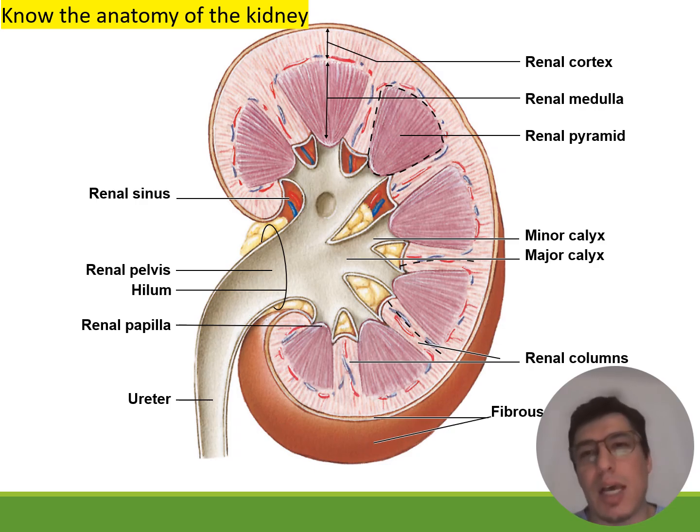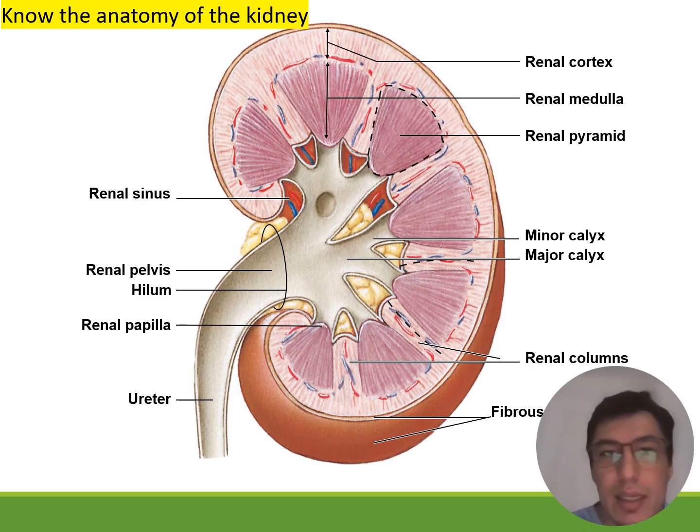Within the renal medulla, we have pyramids, and within the pyramids, we have the actual collecting ducts, and we have a lot of capillaries within this section, and here is where we help with most of the water reabsorption.